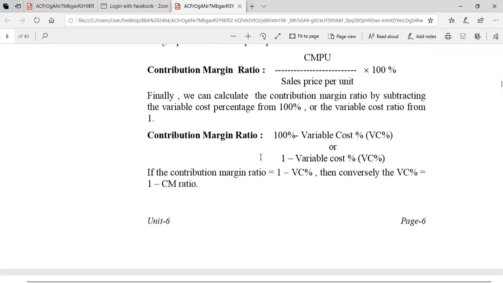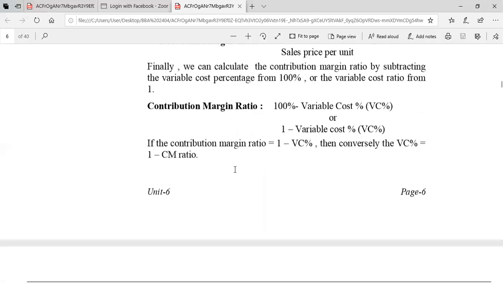We know that ratio means portion of 100%, so 100% minus variable cost percentage. So we easily calculate the contribution margin ratio, where the portion of 1 is minus variable cost percentage. Here the variable cost percentage is 30%, 30 taka per unit. So we calculate the variable cost percentage in the sales ratio, and then easily calculate the contribution margin ratio.